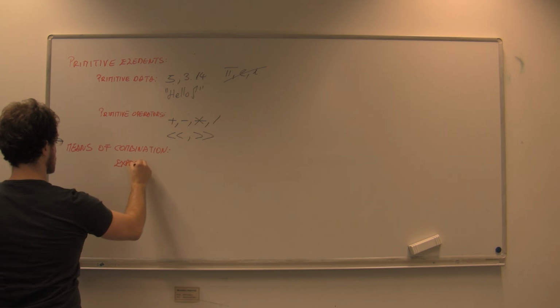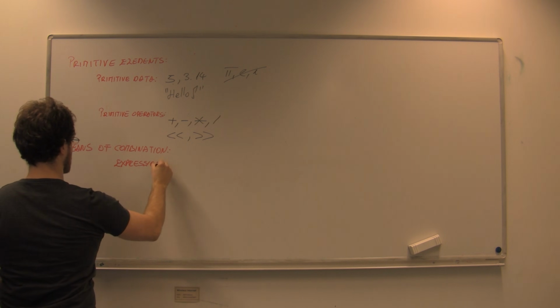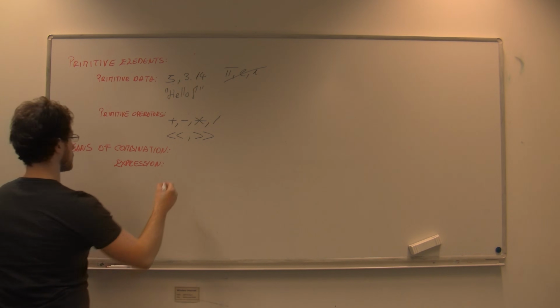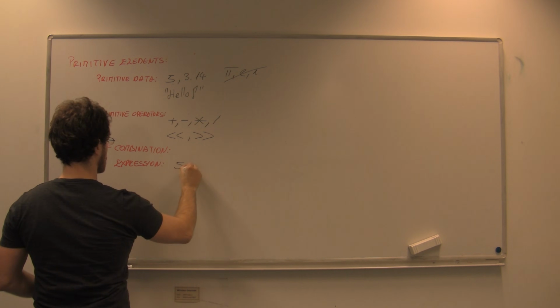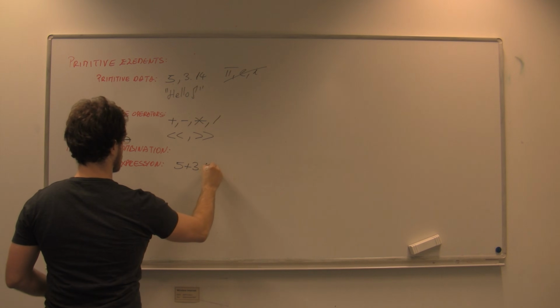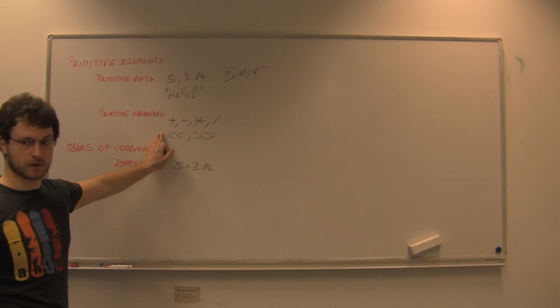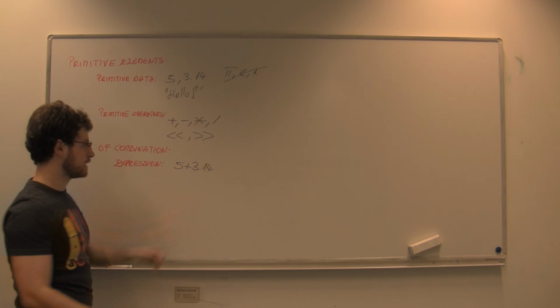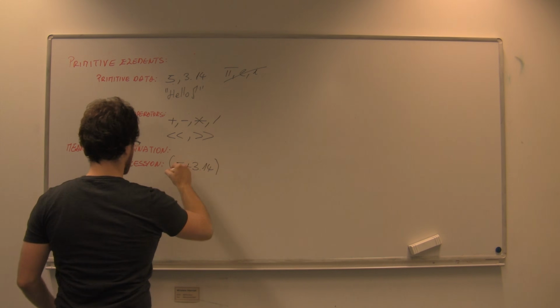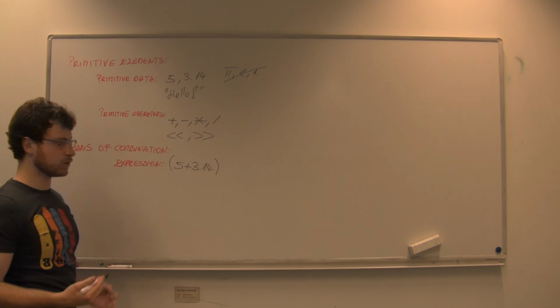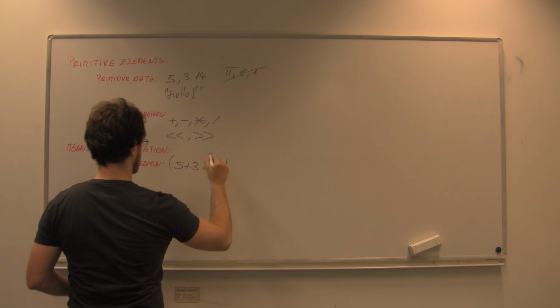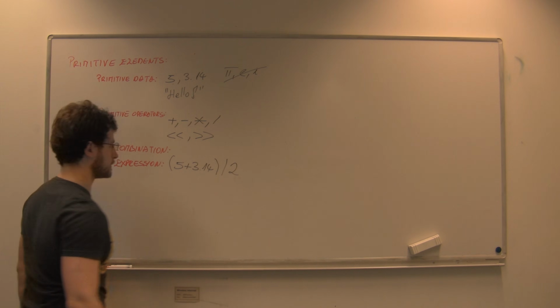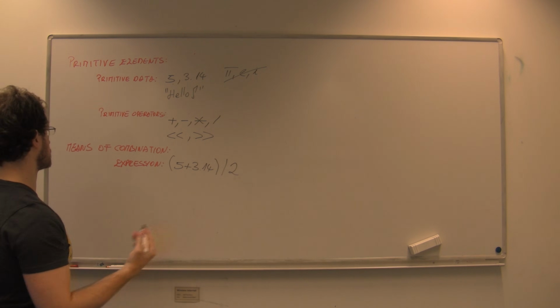And these expressions looked very much like the ones you learned in school. For example, we combined numbers with arithmetic operators to derive an expression like this. And then an expression can also be grouped and built into a bigger expression by using additional operators and additional primitive data.